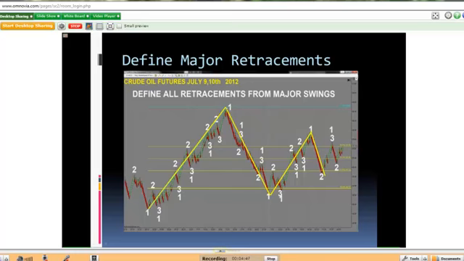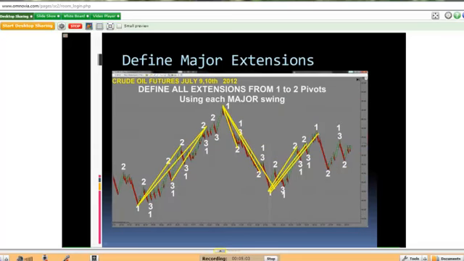Retracements is the first one, and it's really taking the distance from a low pivot to a high pivot and then measuring how much of a pullback against that major swing the market had. There's another type of Fibonacci projection that we'll use, and it's called an extension.